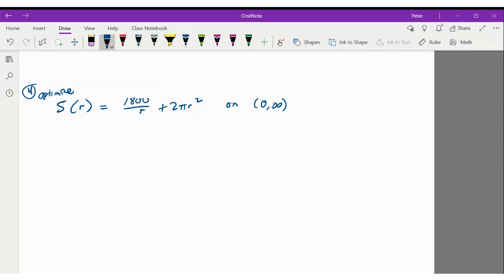We don't know yet what this function looks like, but what we can do is figure out its behavior near 0 and its behavior as it goes out to infinity. Recall the way that we examine infinite behavior of a function is we find the limit as x approaches infinity of that function. Sorry, it's not actually x, it's the limit as R approaches infinity of s of R.